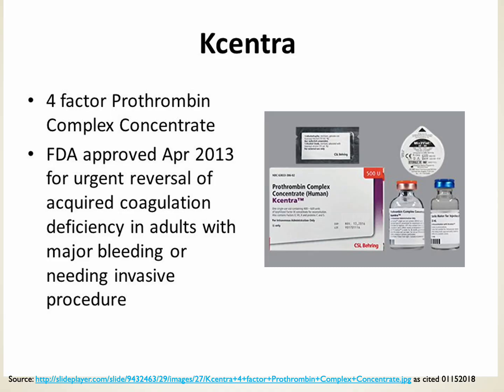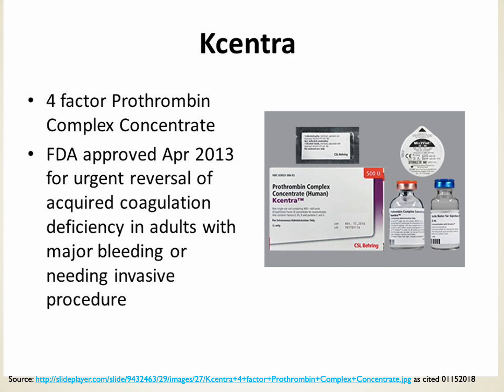So what is Kcentra? Kcentra is a 4-factor prothrombin concentrate that is a little more specific than fresh frozen plasma as a reversal agent for severe anticoagulation, particularly as it relates to warfarin or Coumadin, or patients who have otherwise been anticoagulated and there's not a specific antidote.